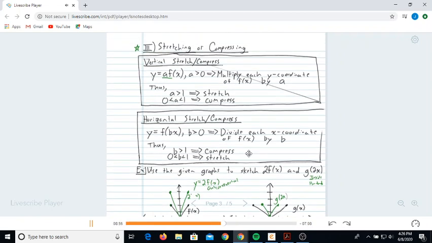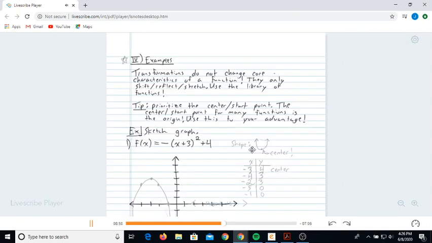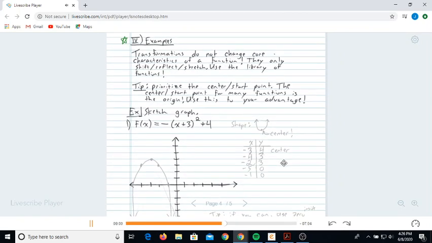So, as you've seen in the last 3 subsections, transformations do not change the core characteristics of a function. They only shift, reflect, or stretch. So you want to make frequent use of that library of functions sheet that was posted just above this lecture.